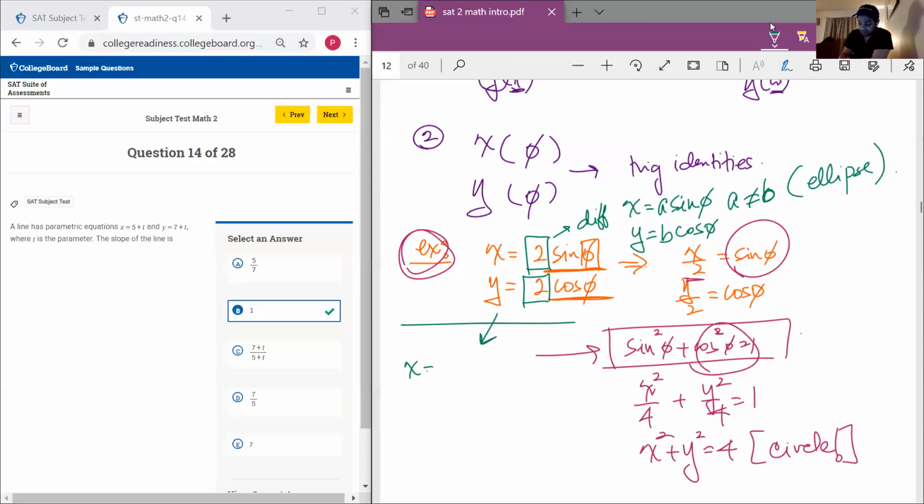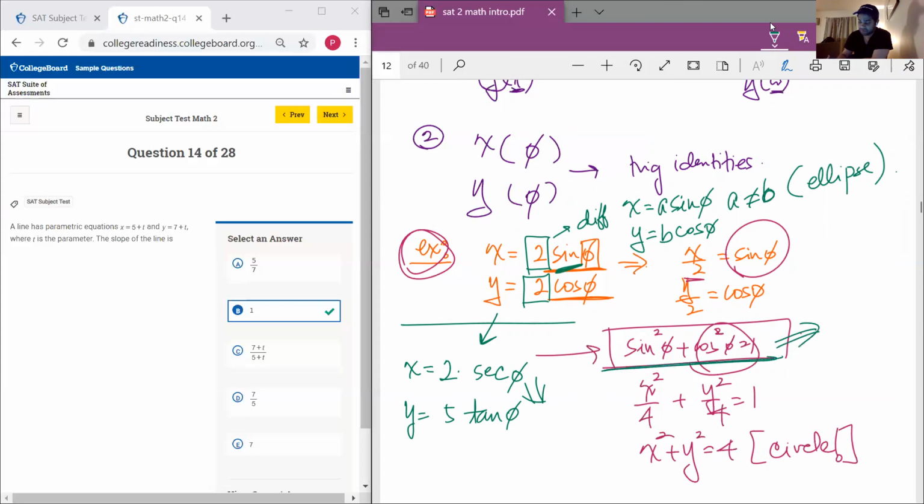The next point is if x was in terms of other trig functions, so x is 2 secant theta, y is 5 tangent theta, this will result eventually, because you have to use the other two identities that are derived from this.